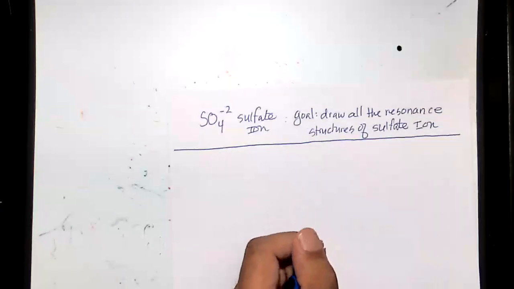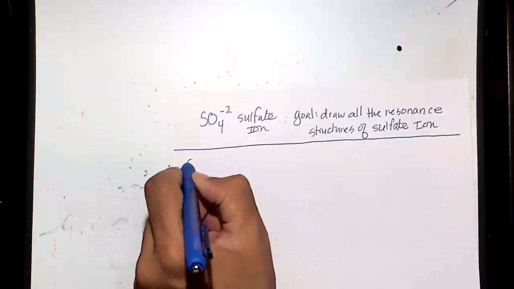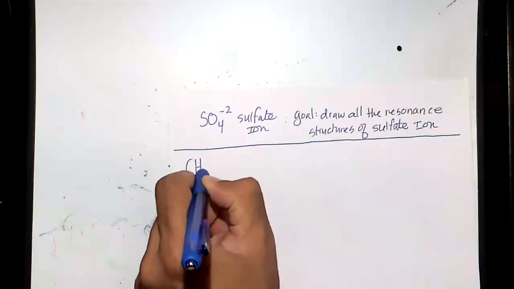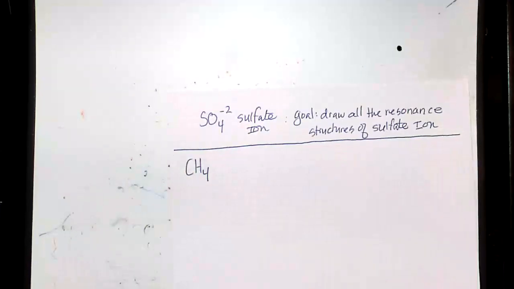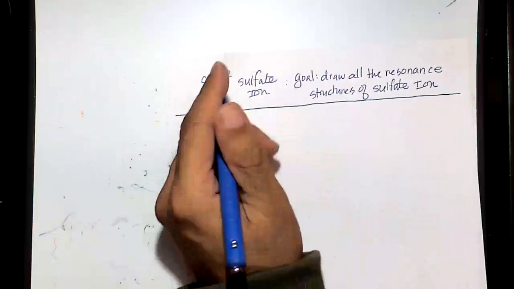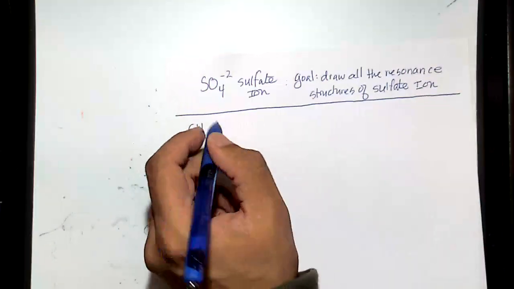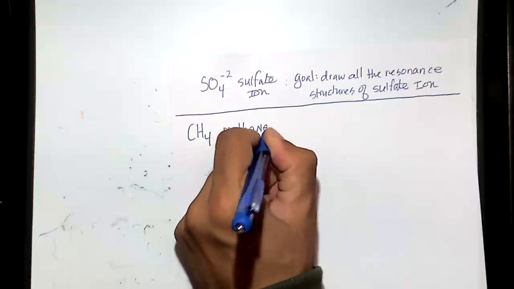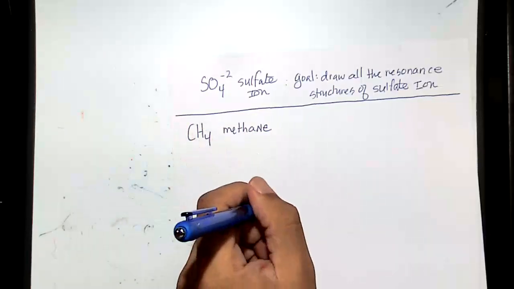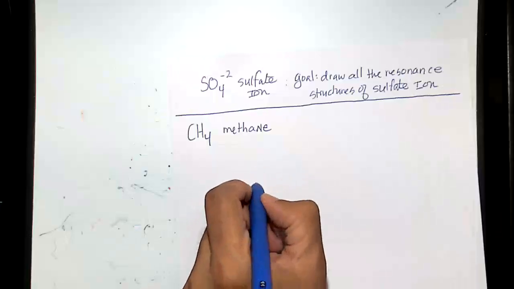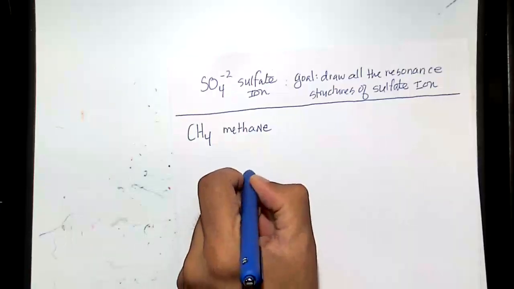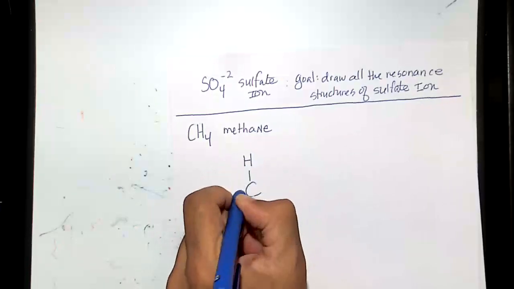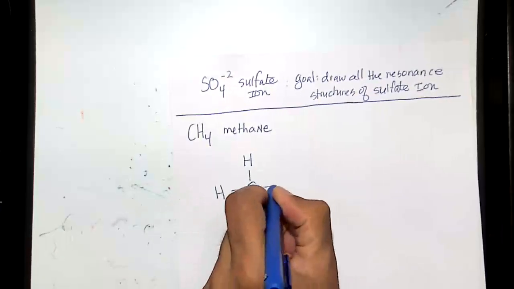All right, let's do something new now. Let's go back to CH4. Okay, CH4 is called methane. And what's the central atom in methane? And how many hydrogens? 4.